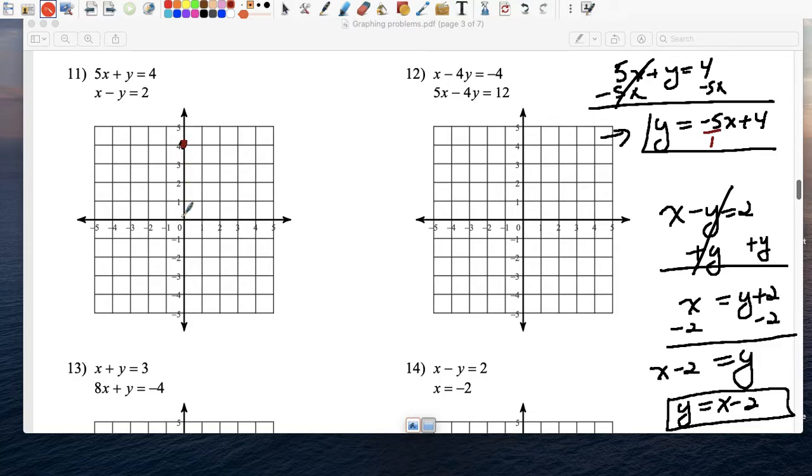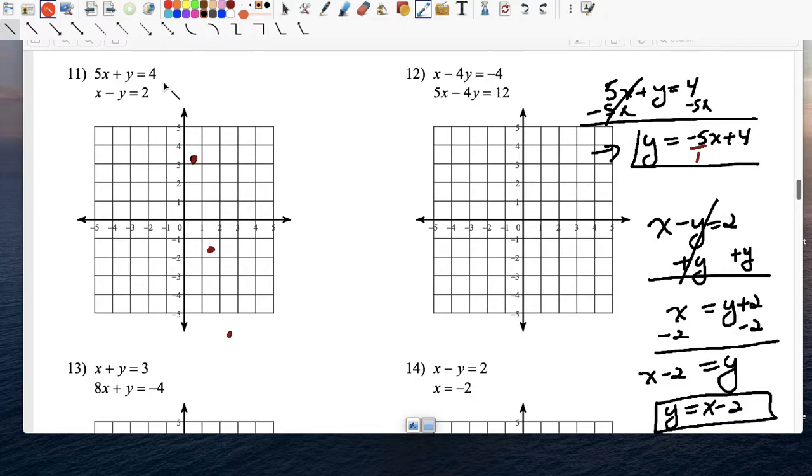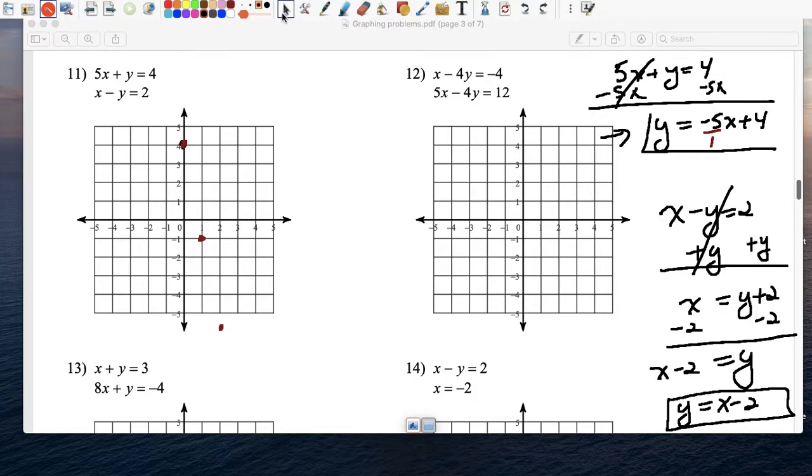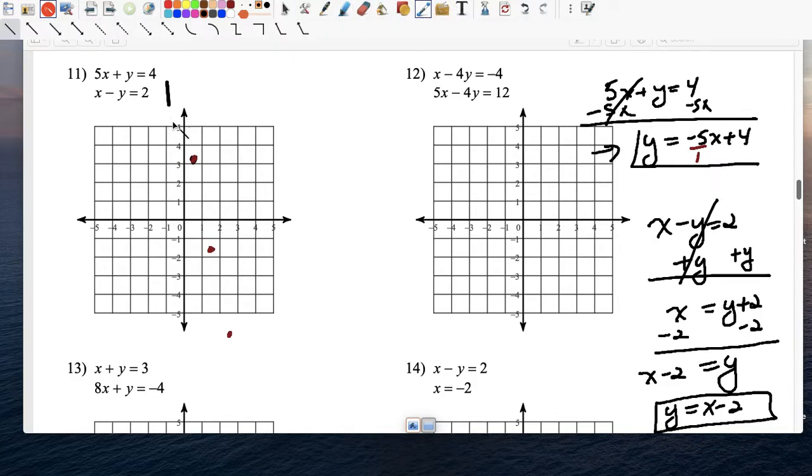1, 2, 3, 4, 5, and 1 to the right. 1, 2, 3, 4, 5, and 1 to the right. So I can continue. Okay, this is what my line looks like.